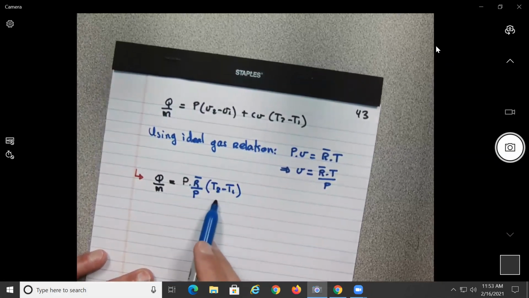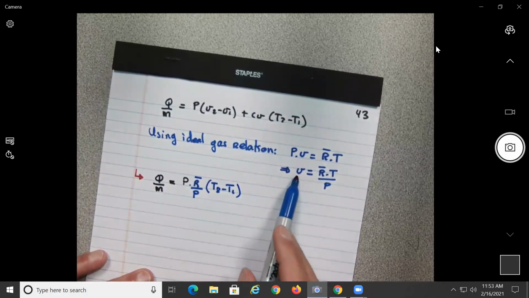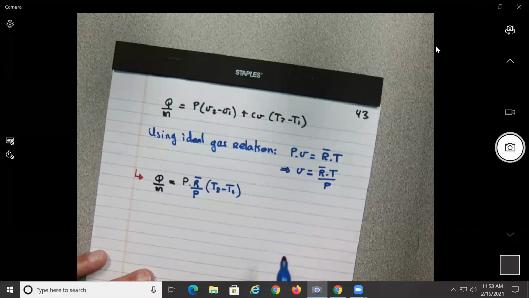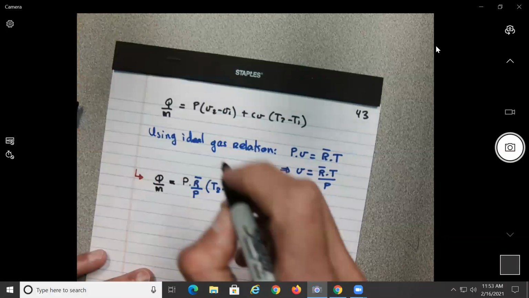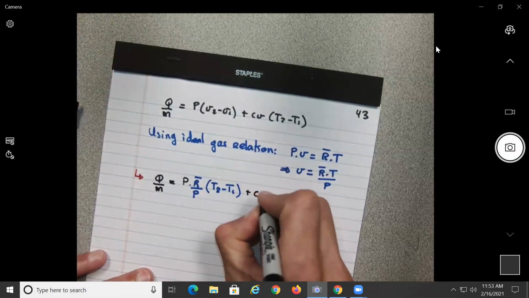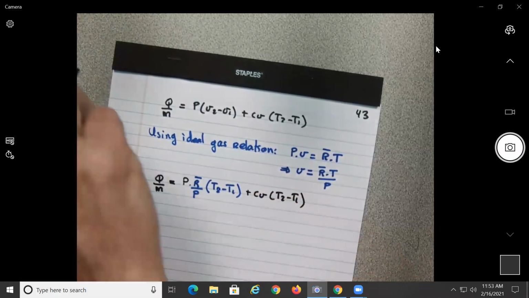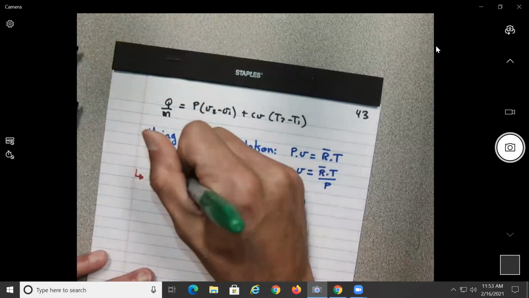Did you see what I did over here? I replaced this v2 minus v1 by R bar over P, (T2 minus T1), because P is constant and R is a constant. And these ones remain unchanged, plus Cv (T2 minus T1). Here you see that you can cancel the pressures.